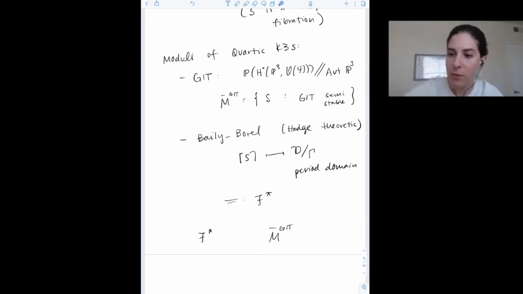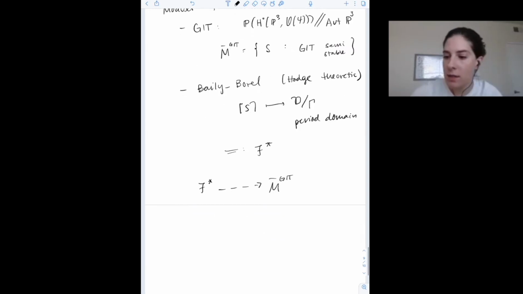So usually one would think of a generic birational map going from the GIT moduli space to the Baily-Borel space. But in the case of K-stability, maybe I'll think of the map going this way. And it turns out that we can analyze the birational geometry of this map inside of the Baily-Borel compactification.